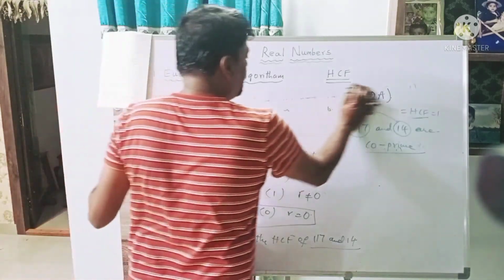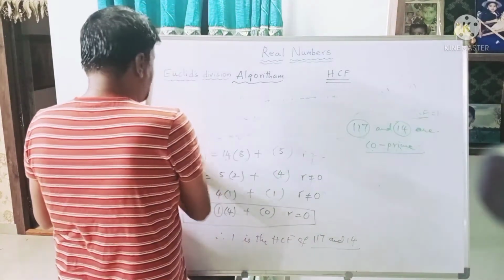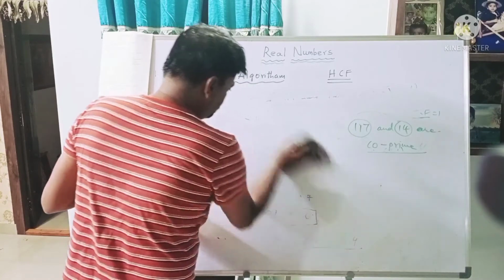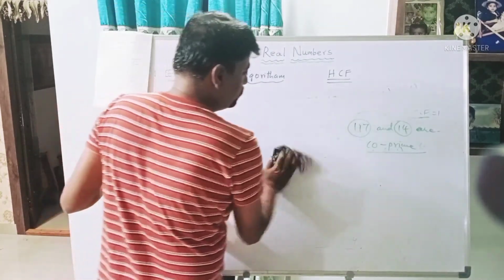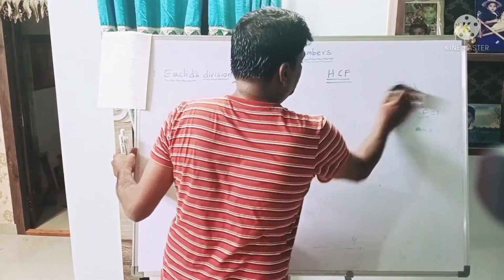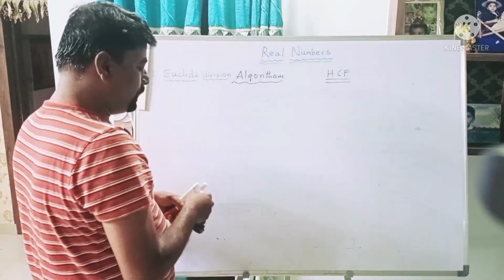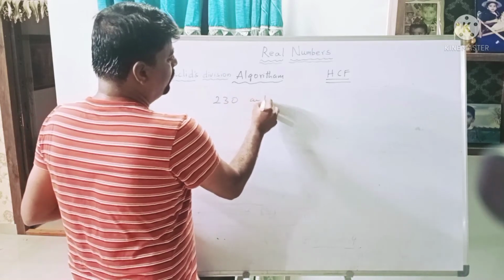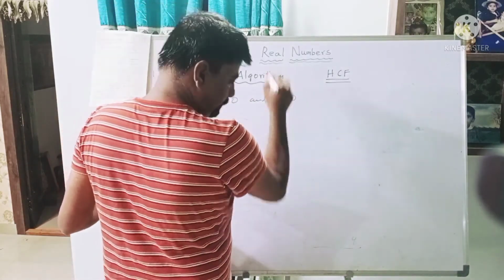For example, here I will tell you another example beta. I will take two numbers. Those numbers are, you say 230 and 30 beta.